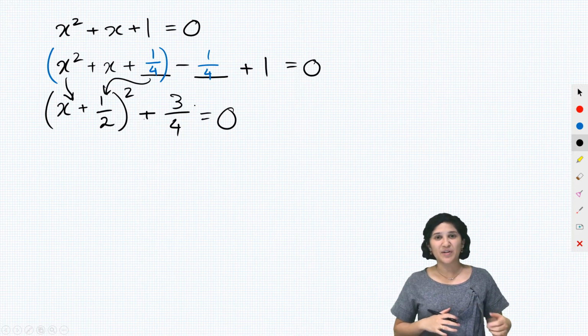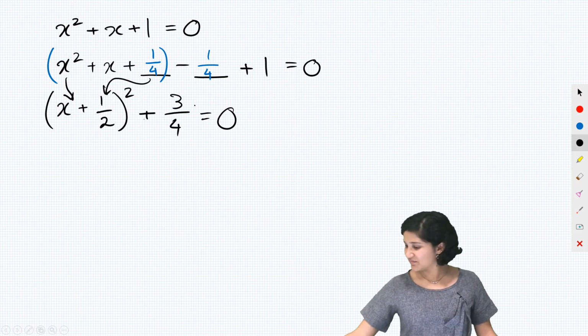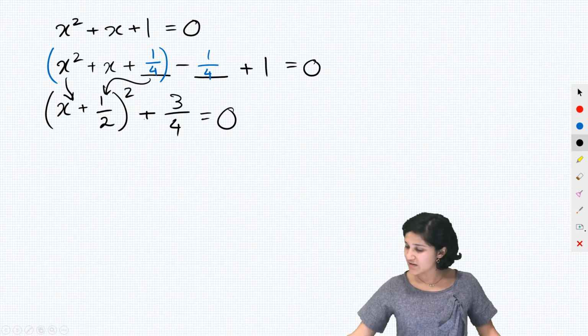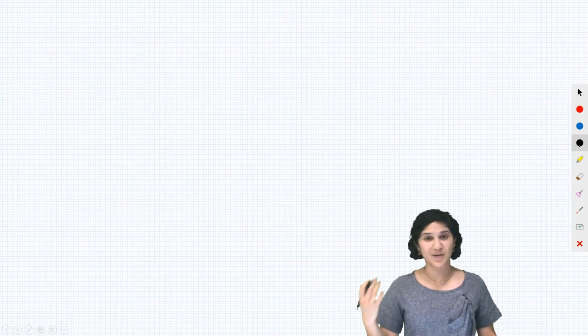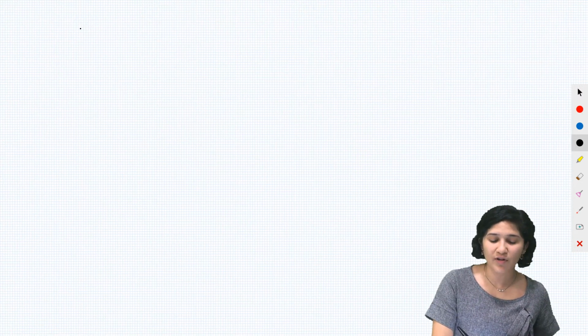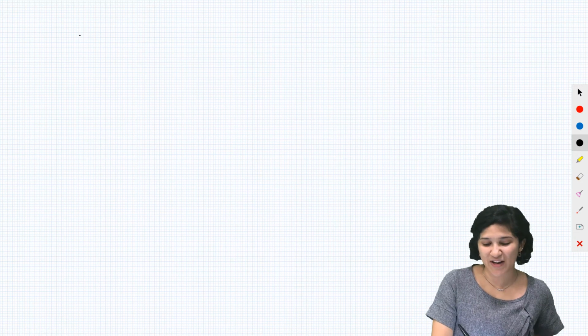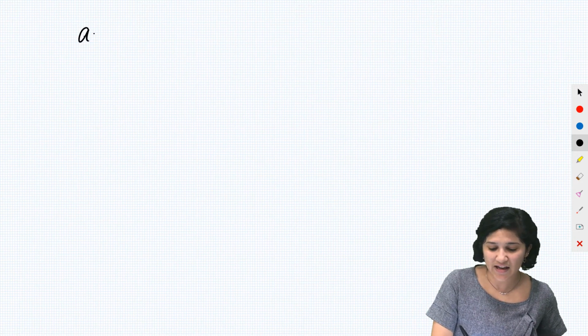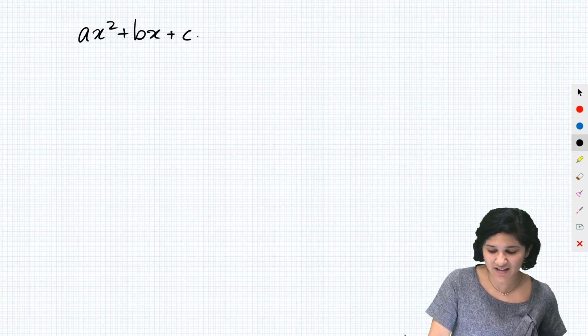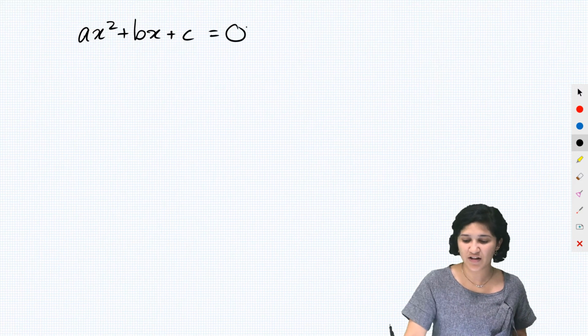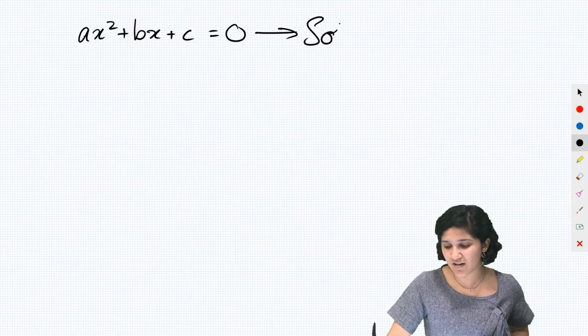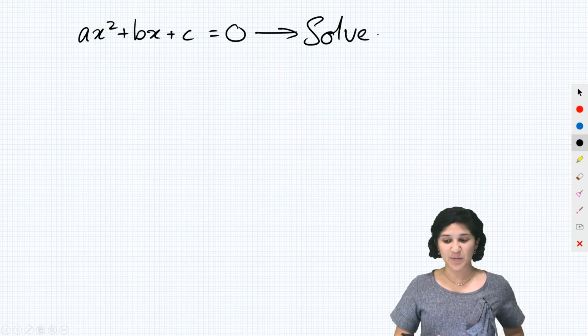Okay, so for a challenge, you can actually try and apply completing the square to solve the general form of a quadratic. So we'll go ax squared plus bx plus c equals 0, and you want to solve that by completing the square.